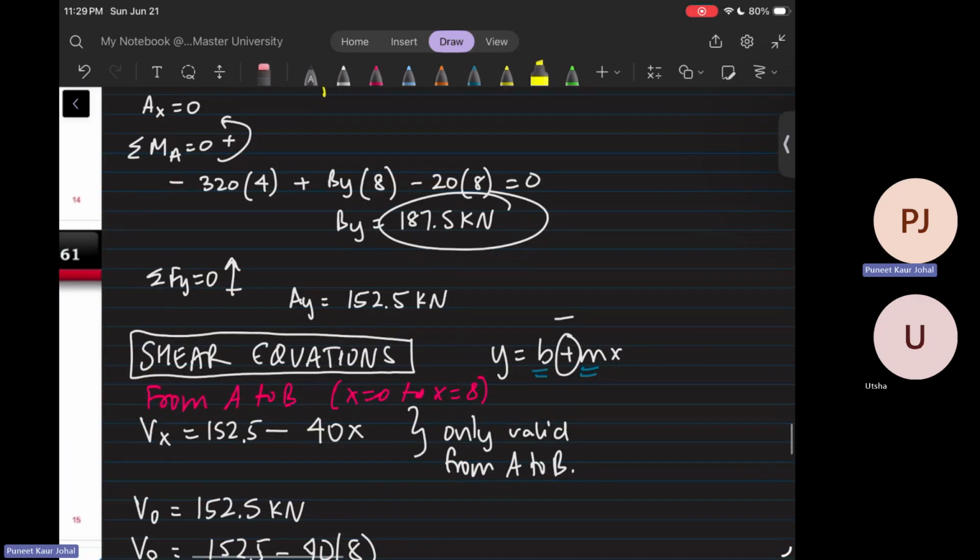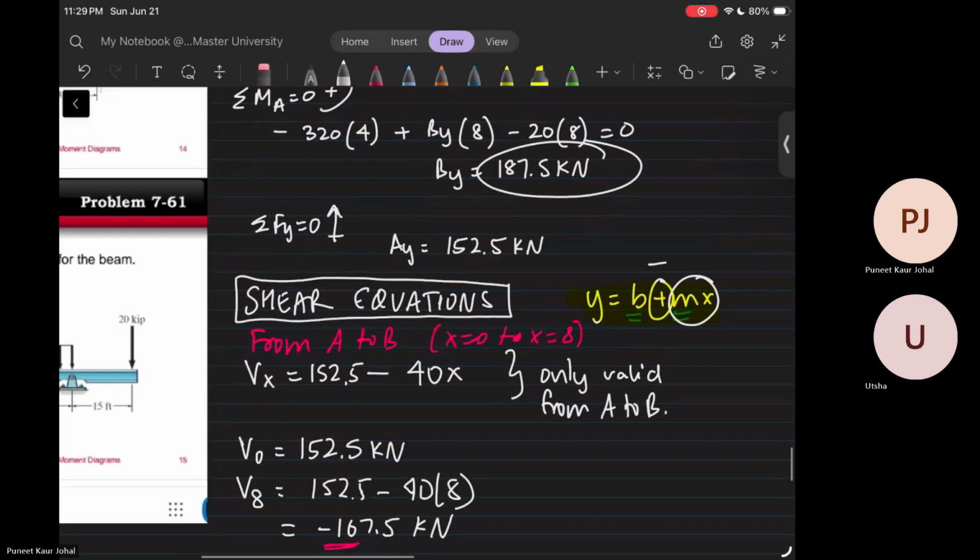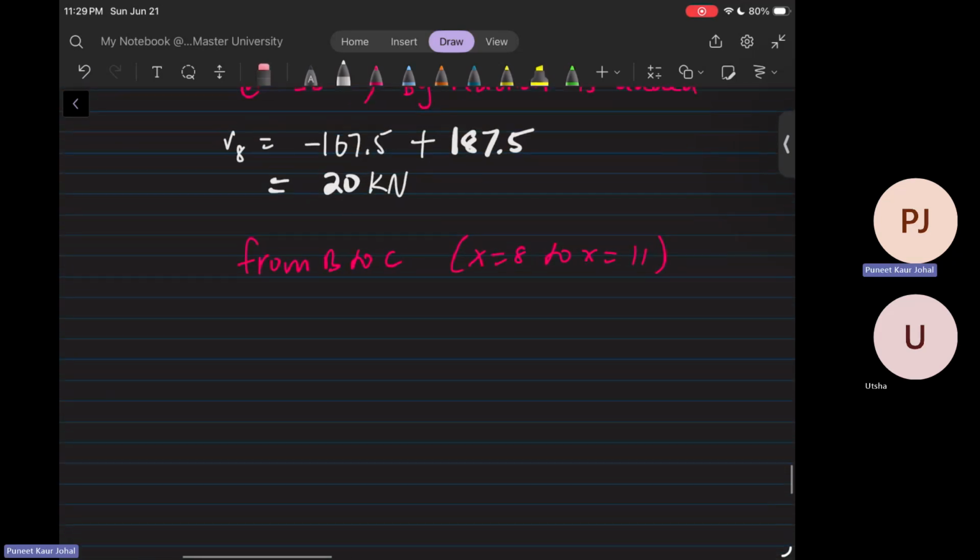If we look at this equation here, we know that this part of the equation exists because of loading, where M is however much loading is being applied per meter. So from B to C, because there's no loading, the Vx formula is going to be V naught, which is the starting point force at 8.